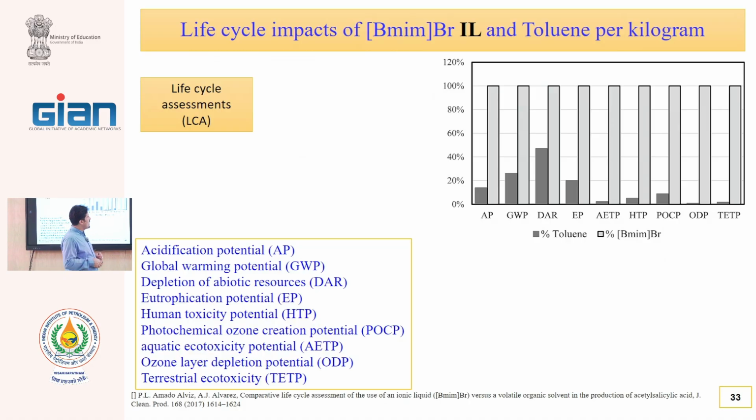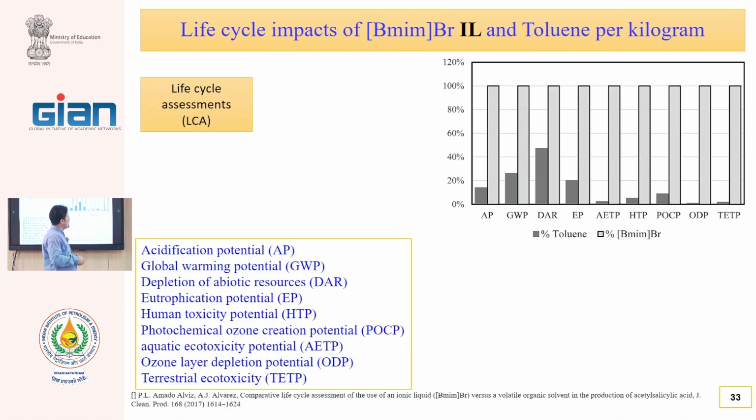With life cycle assessment calculation, we see how our suggested compound or product can influence different aspects of the environment. How these compounds affect the weather, the water, the soil, and others.